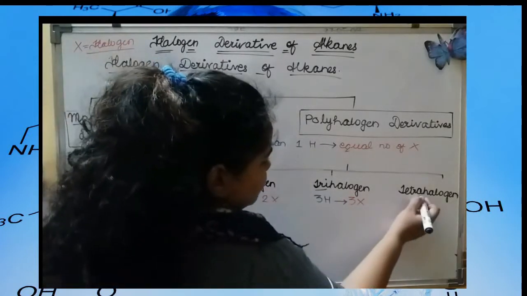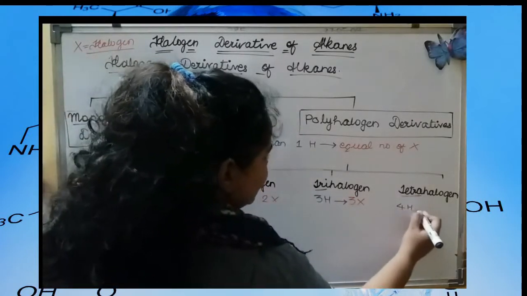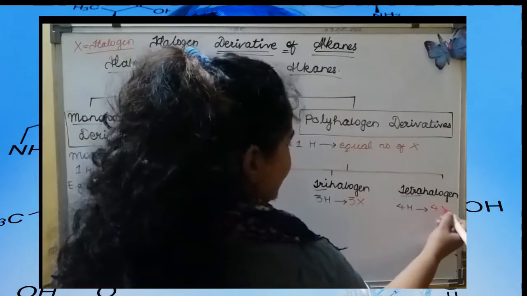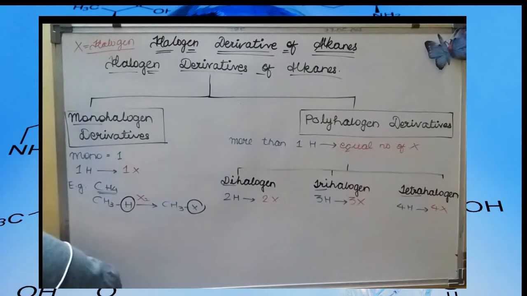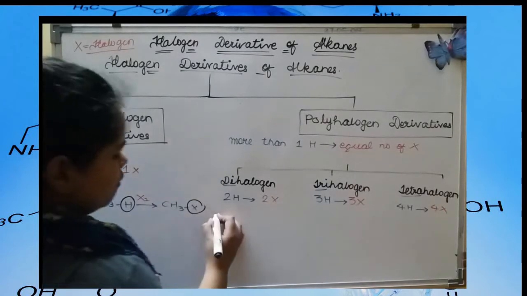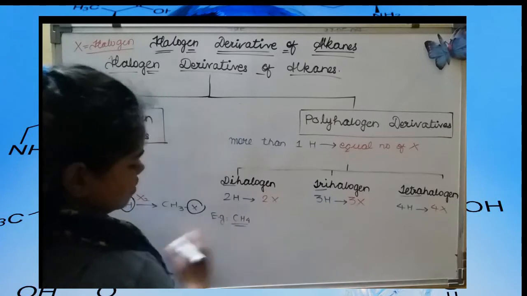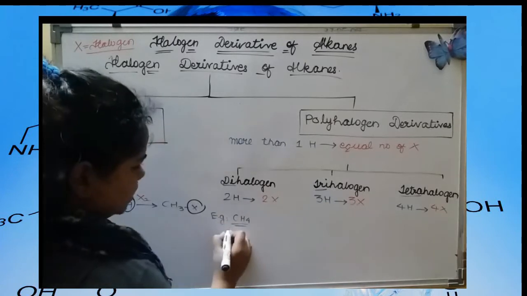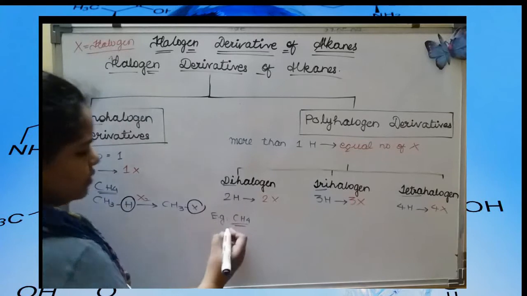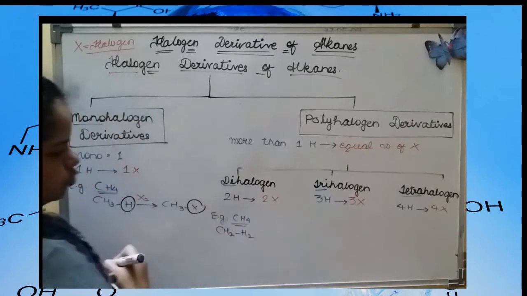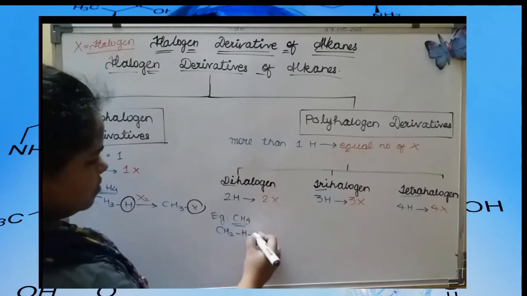Tetrahalogen, tetra means 4, so 4 hydrogen atoms are replaced by 4 halogen atoms. As an example, we will take methane. Since 2 hydrogen atoms have to be removed, we will write it as CH2H2, as this is going to be replaced.